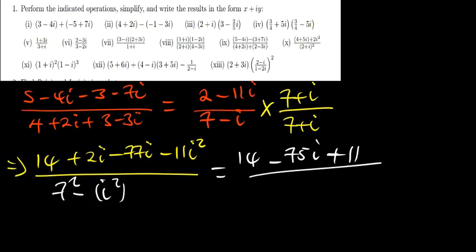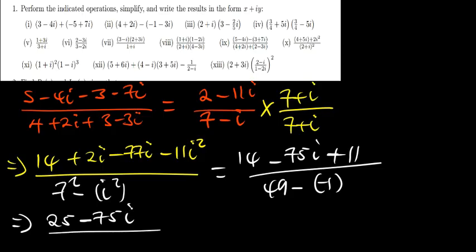I divide this by 7 squared is 49, minus, here I've got this negative 1. i squared is negative 1. So I'll continue from here. I'll have 14 plus 11, which is 25. Then minus 75i divided by, this is going to be 50.